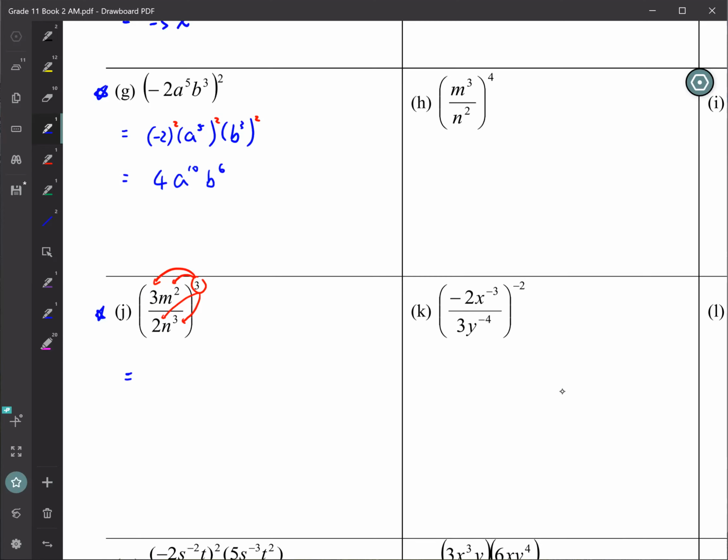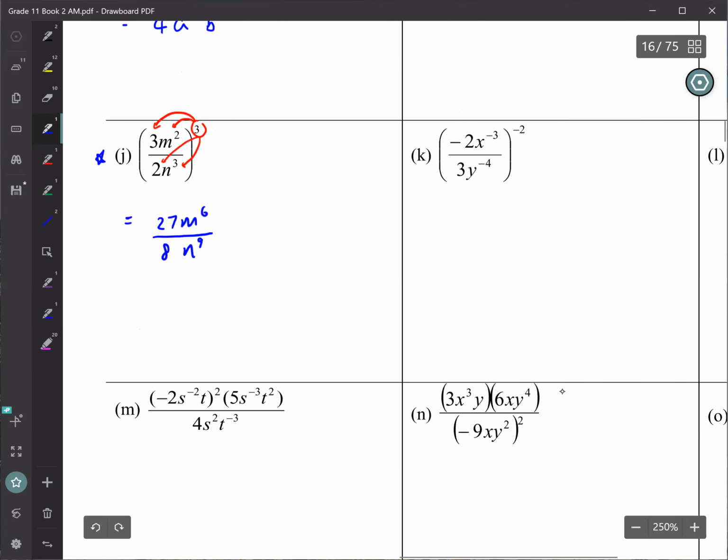Can you tell us your answer? 27 to the power of 6 divided by 8 to the power of 9. Yeah, very good. Each one of them gets the exponent of 3.